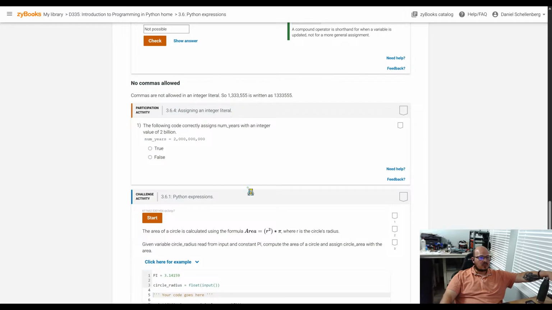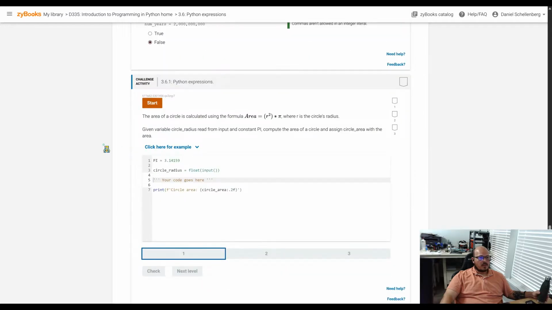So it takes this number written like this right here. The following code correctly assigns num years with an integer value of 2 billion. This is false. It tells us right here that that's false. Commas are not allowed, but underscores are. And I'm assuming it hasn't gotten to that point yet.